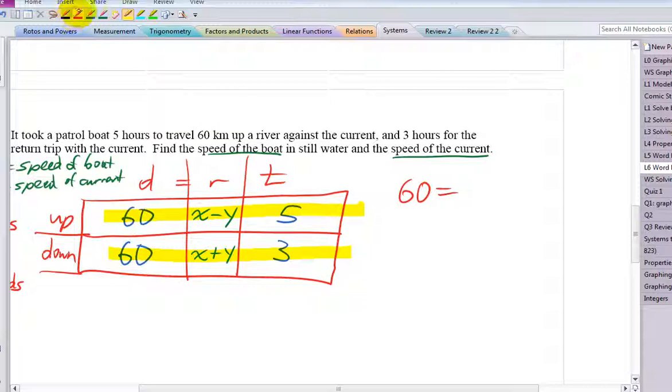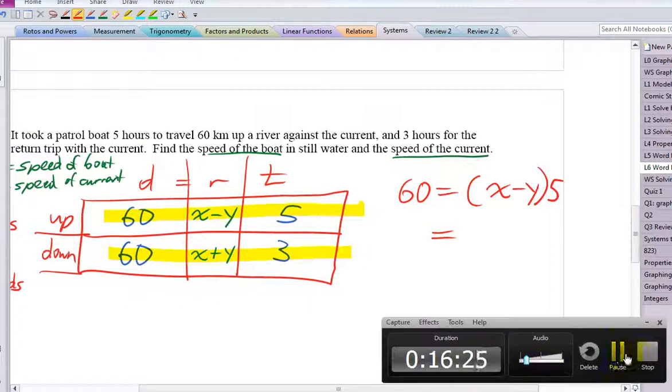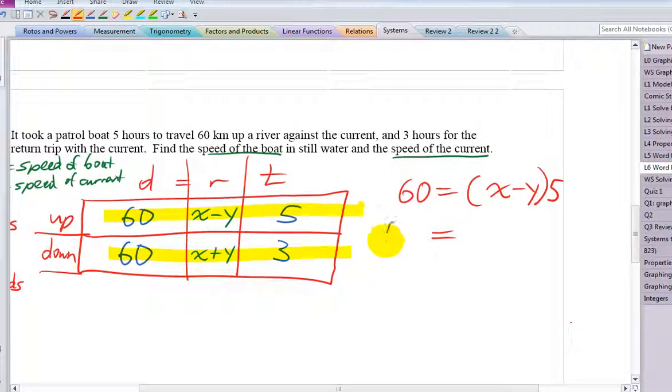So you say d equals x minus y times 5. Please write the second equation. The second equation is 60 equals x plus y times 3.